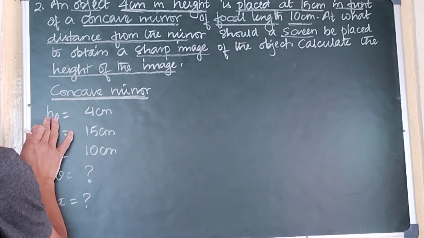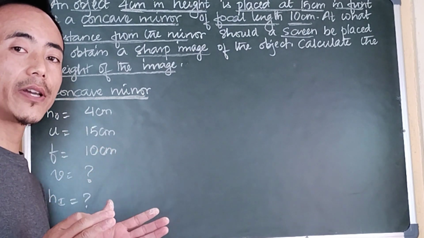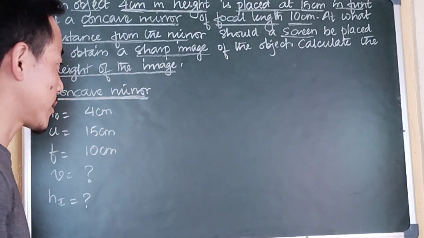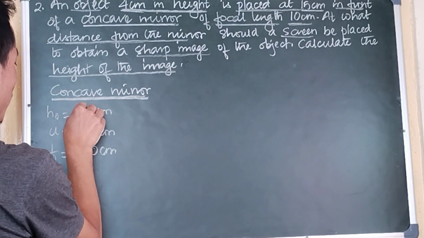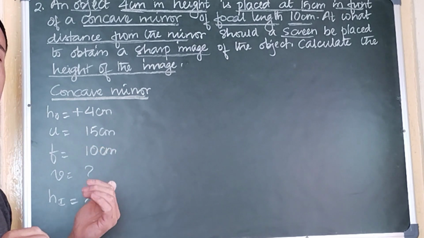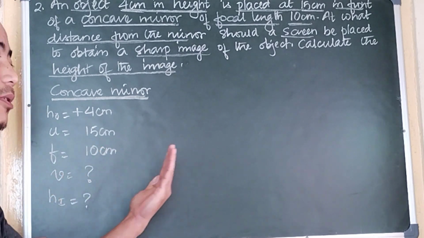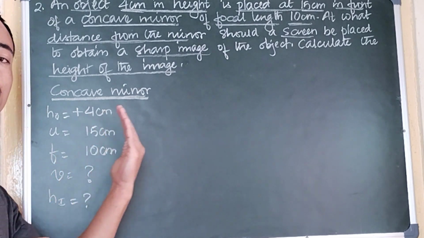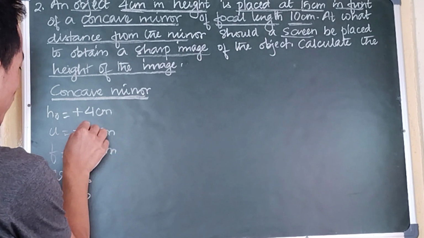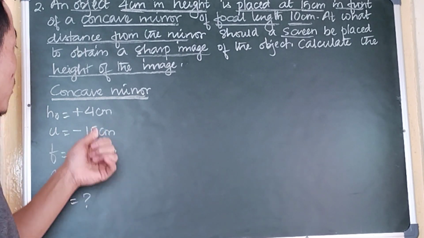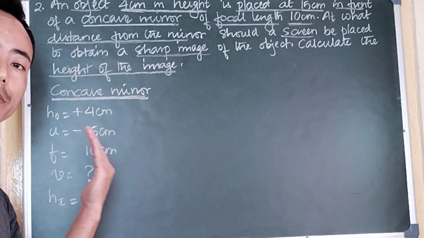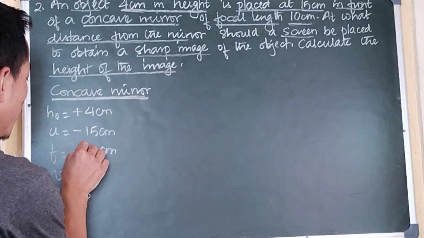Height of the object, whether it is a convex mirror or a concave mirror, is placed above the principal axis, so it has to be positive. Now object distance, whether concave or convex, we place in front of the mirror, that means towards the left of the pole. According to the rule, the sign has to be negative. And for a concave mirror, focal length is negative because it will be in front of the mirror. So again, it will be negative.